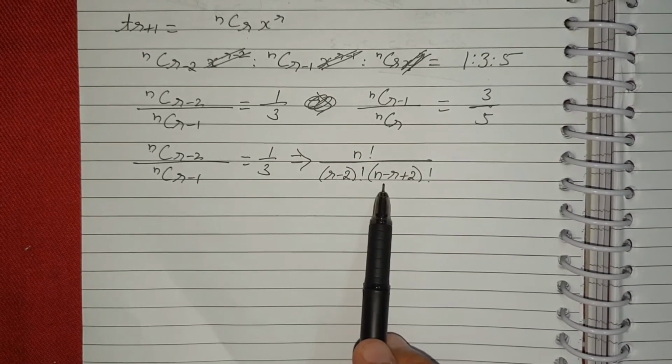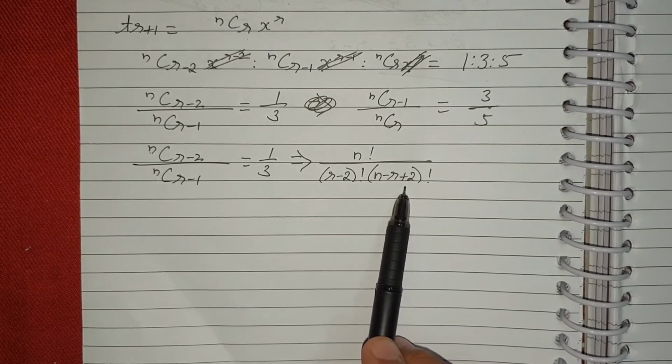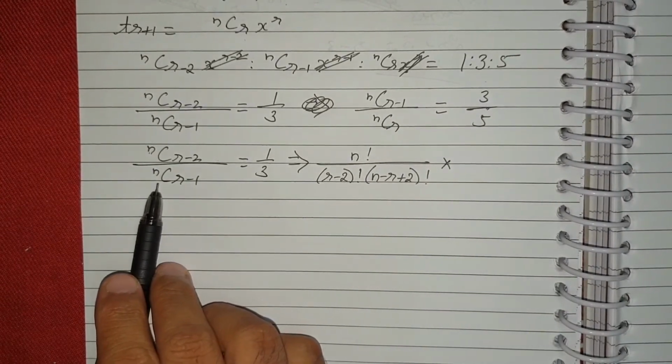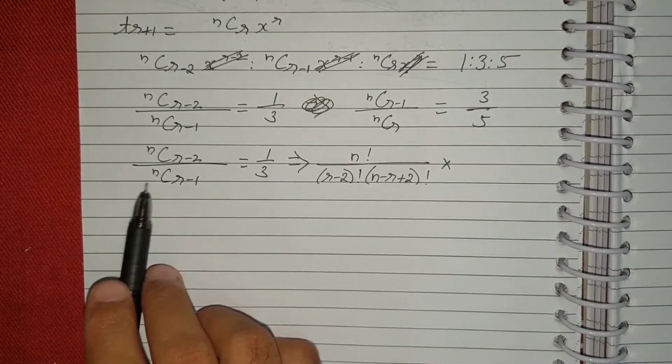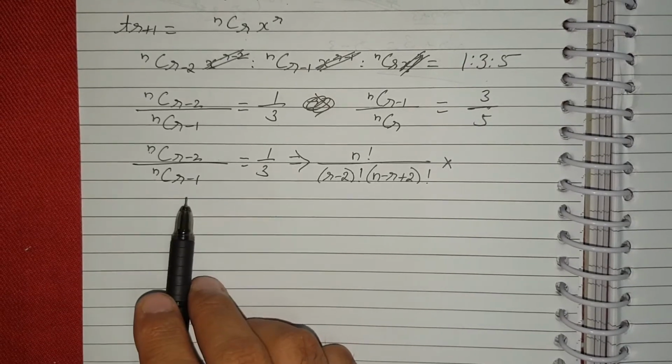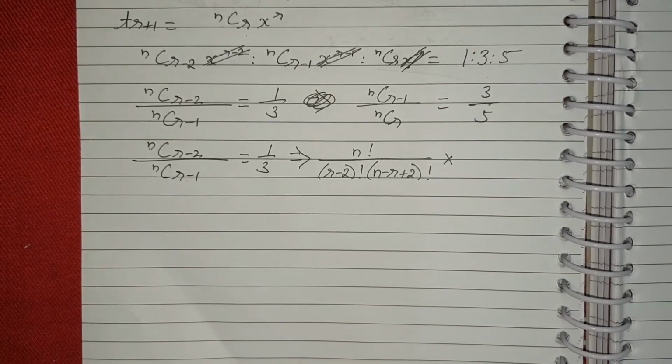When you open the bracket, this will be (n-r+2) factorial. Into now this is n factorial upon (r-1) factorial into (n-r+1) factorial, but that will be reciprocated.